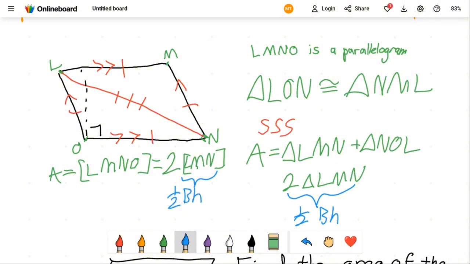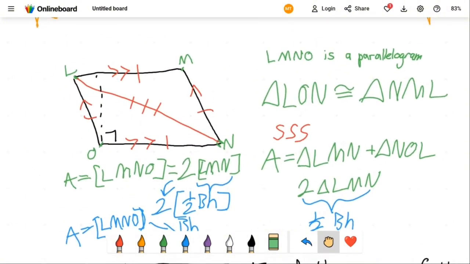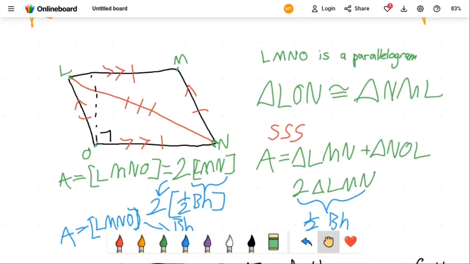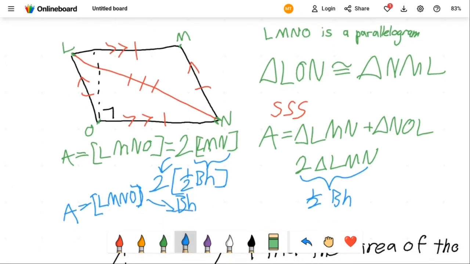And since we need the area of 2 of them, this simplifies to base times height, which means that to get the area of parallelogram or quadrilateral LMNO, we need base times height. Sorry, I'm very cramped. We can get the area by multiplying the base here times the height here.